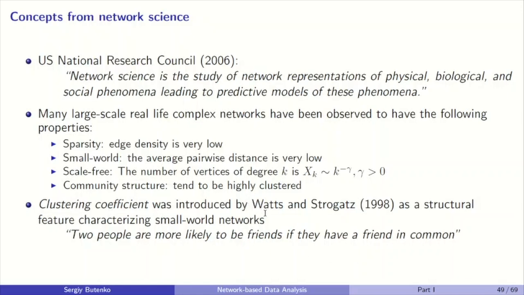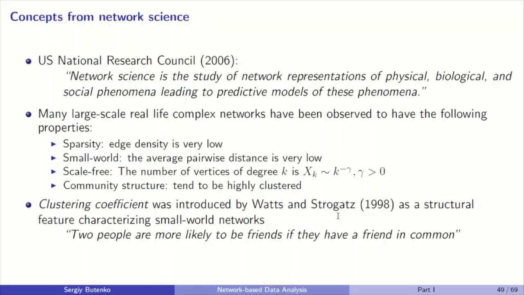This is a relatively recent concept compared to all these old graph theoretic concepts, but it makes a lot of sense. The clustering coefficient is meant to characterize this structural feature of small world networks: the higher the clustering coefficient, the more clustered or clusterable the network is.